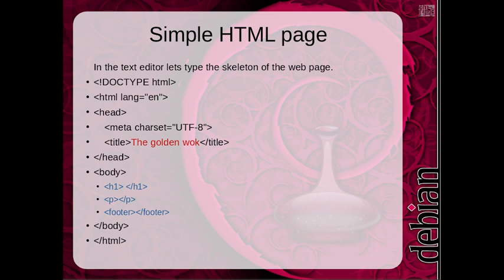So we have doctype HTML, and now we have the HTML tag. In the first HTML tag I have lang equals en for English, and at the bottom of the document I have the /HTML tag, which closes the HTML document.